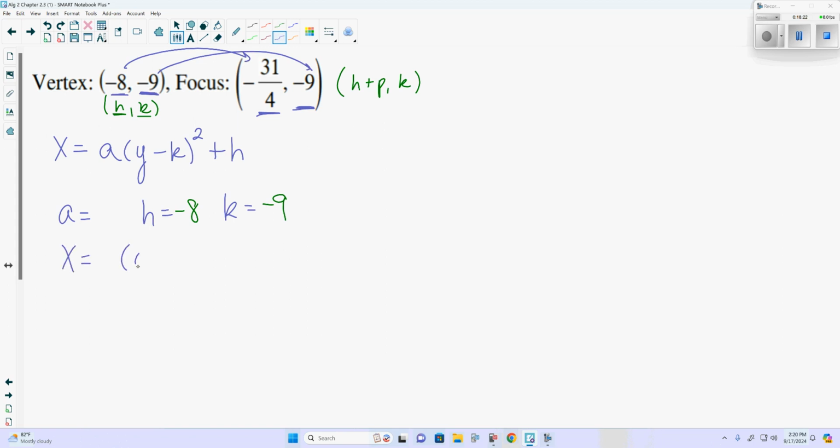But we can fill in most of this, because we have y minus negative 9, or y plus 9 squared, plus h, negative 8, or minus 8.